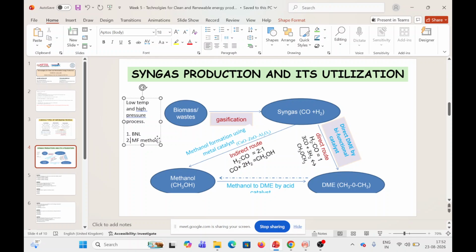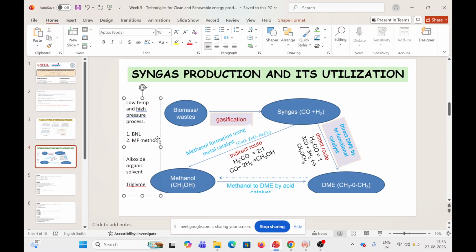The solvent used in both these methods is triethylene glycol dimethyl ether, used along with the CH4 in the presence of a nickel catalyst in the BNL method and a copper oxide catalyst in the methyl formate method. These two methods come under the classification of low temperature, low pressure methods.